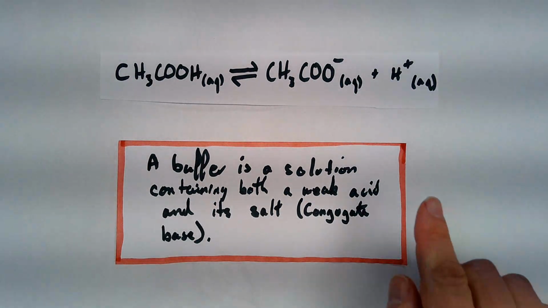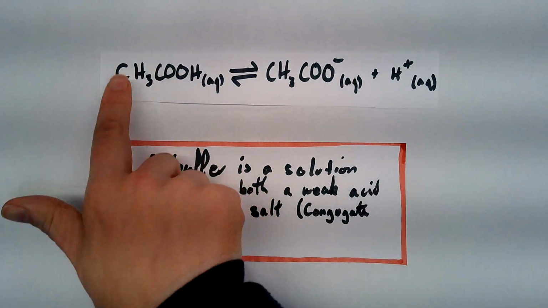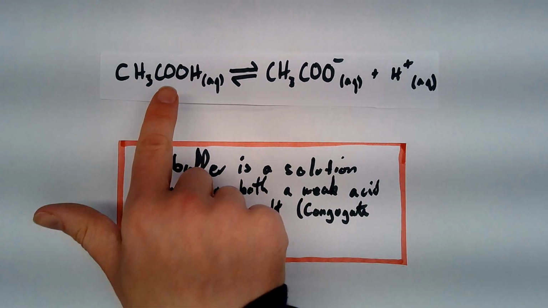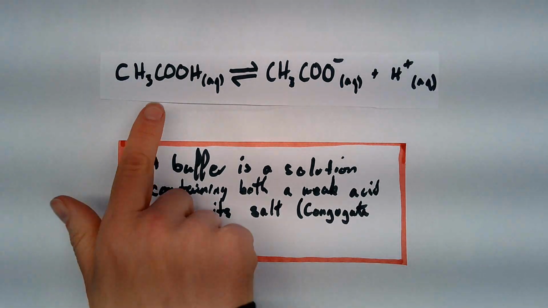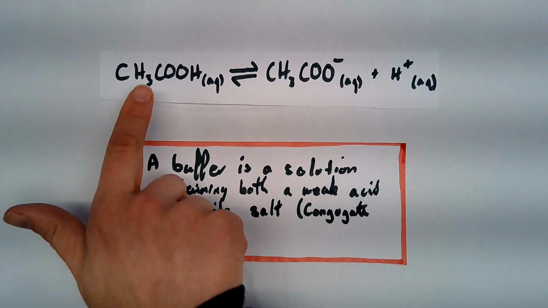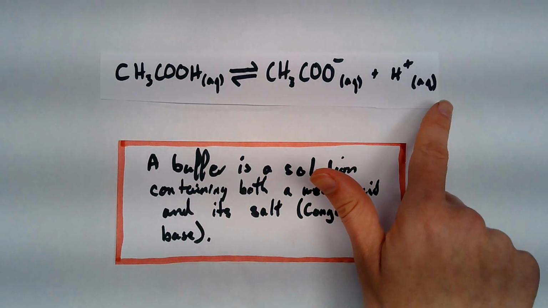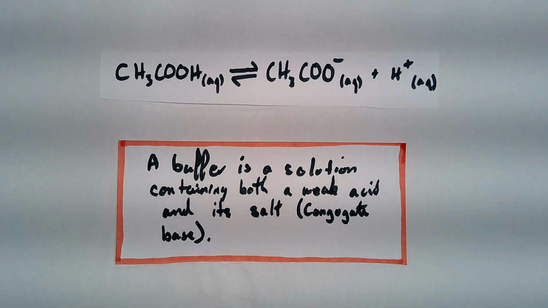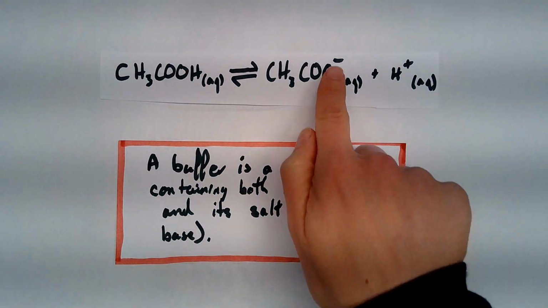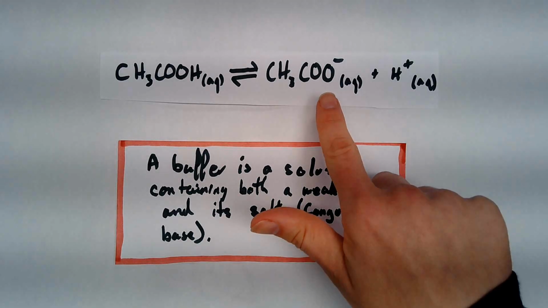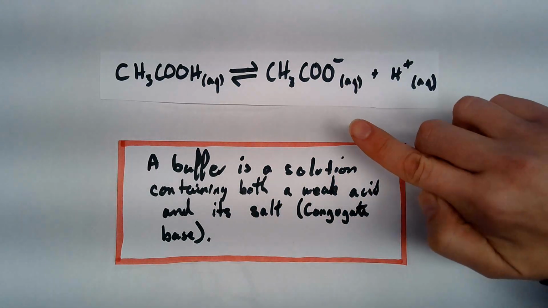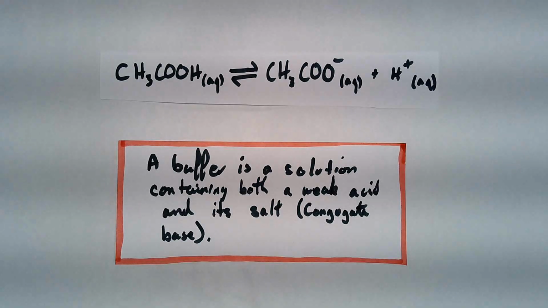So in that case, we have plenty of weak acid, so that if we add a small amount of NaOH or another alkali, then we will be able to shift the equilibrium to the right to minimise the change in H+. And if we have enough of this in the solution as well, then if we add a small amount of acid, we will cause the equilibrium to shift to the left.